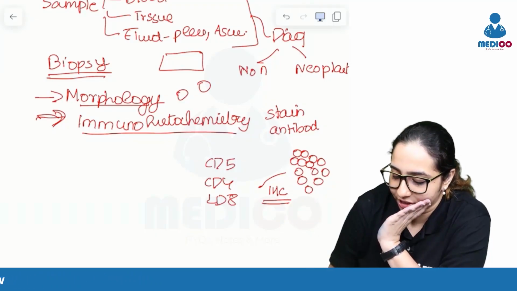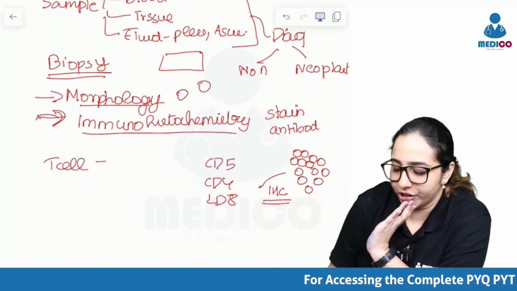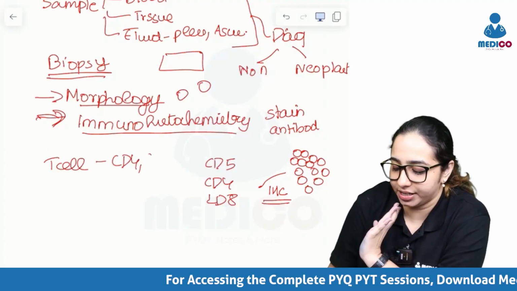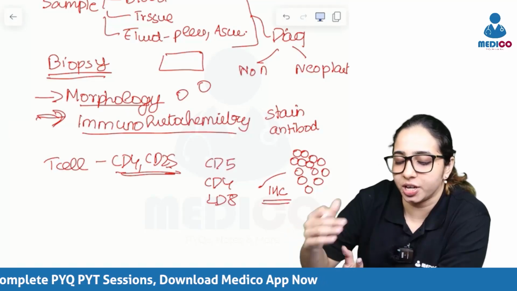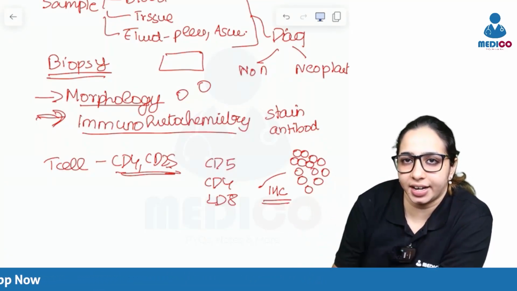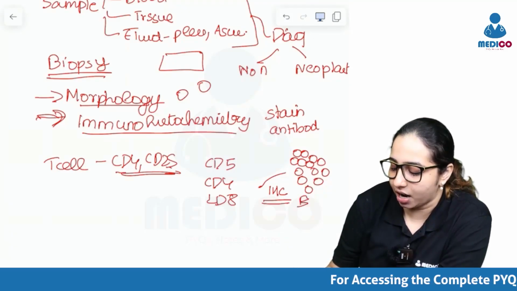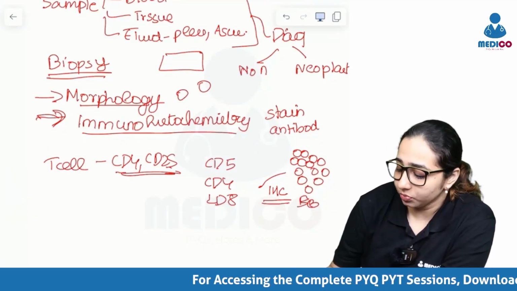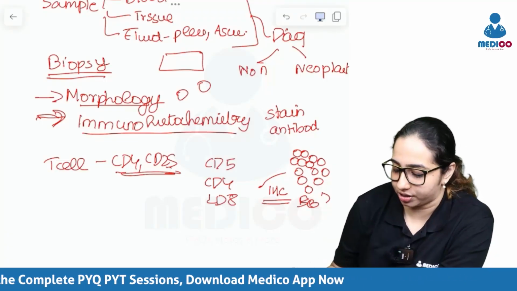Suppose it is a T cell, I know it will take CD4 and CD25. So if I put stain for CD4 and CD25 on the slide, that cell will take it up, so I can get an idea of what type of cell it is.